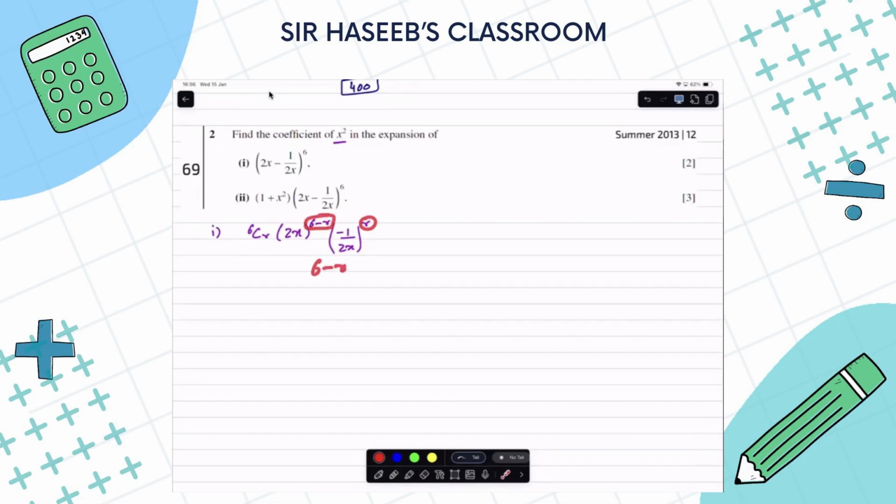So if you just add them up, what will you get? 6, right? The basic idea is that when we are expanding anything, let's suppose (a plus bx) to the power of n, a to the power of n is the first term. Second term is a power n minus 1, b power 1. Add up, it will make n only.